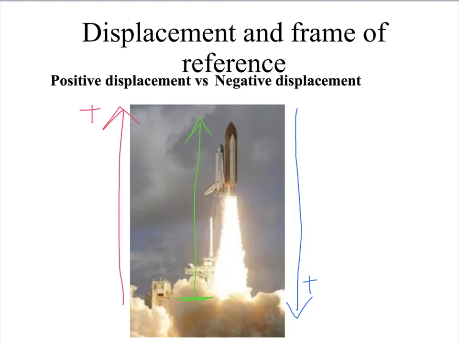Okay, so if we call this position XA, and let me see if I can write that a little bit bigger for you. Okay, there we go, XA, and he's made it all the way up to this position here that we're going to call XB. So XA is our initial position and XB is our final position.